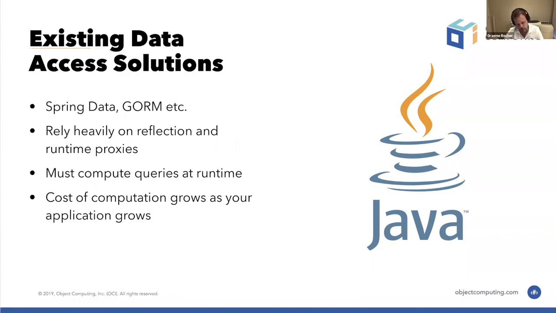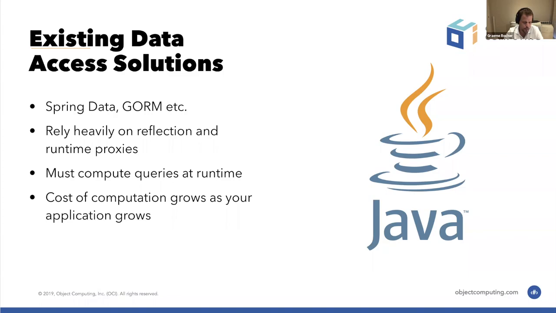Essentially, if you look at existing data access solutions, including things like Spring Data and GORM, all of them rely heavily on the use of common patterns in Java, like reflection and runtime proxies. So what that effectively means is that most of your queries and the logic that implements those queries essentially get implemented at runtime.